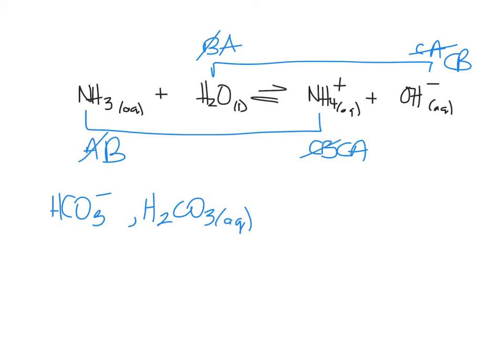Okay, let's think about that. I gained an H, and it has a +1 charge. +1 plus -1 is 0, so there's no charge. So this is the base, this is the conjugate acid. Bases will accept an H. So then, SO4 2 minus?